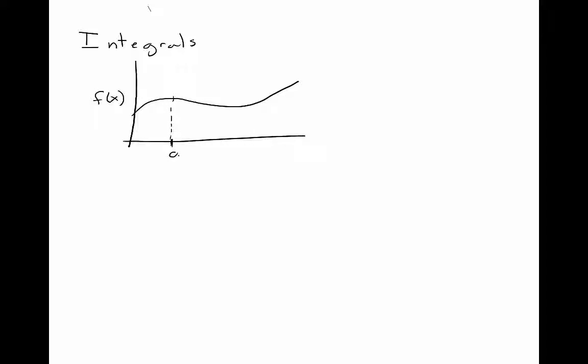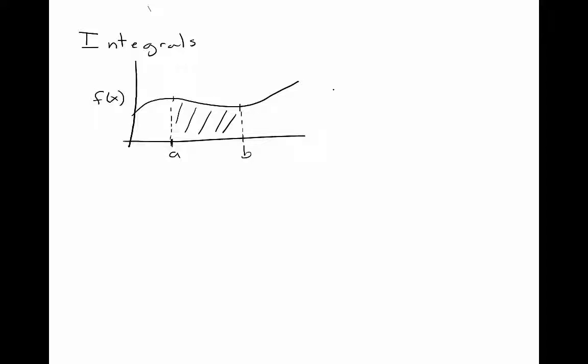So, what is an integral? Just like we did with derivatives, we're going to look at this graphically. So if I have some function f of x, and we're doing a definite integral, say we're integrating from this point A to this point B, what the integral is going to tell us is the area under this curve.